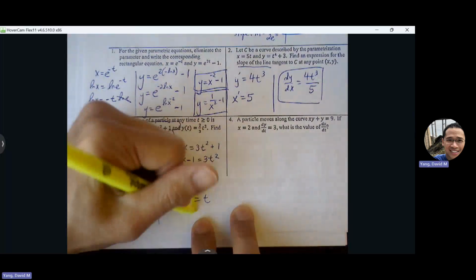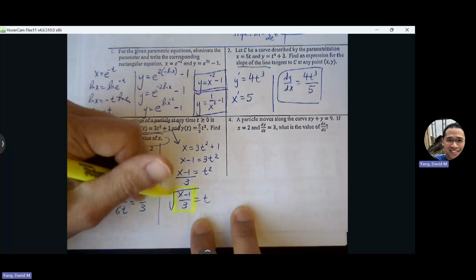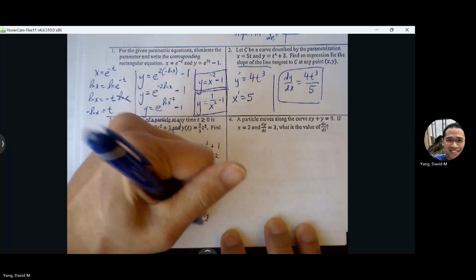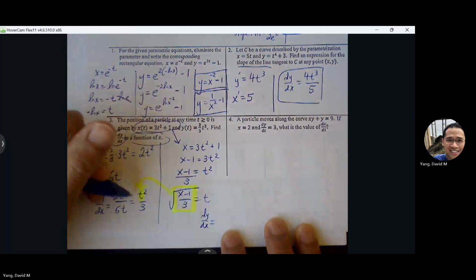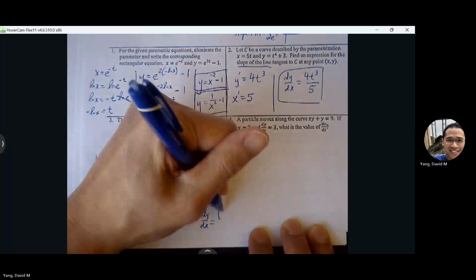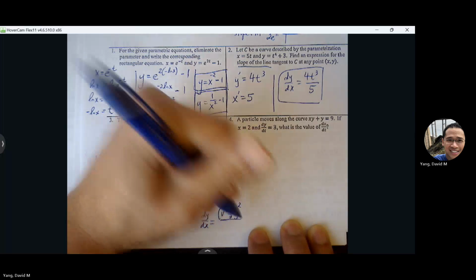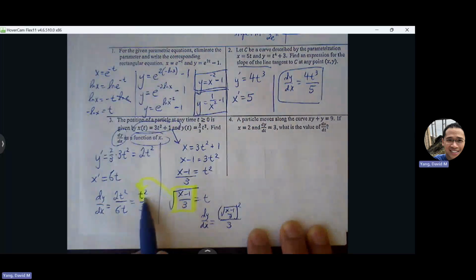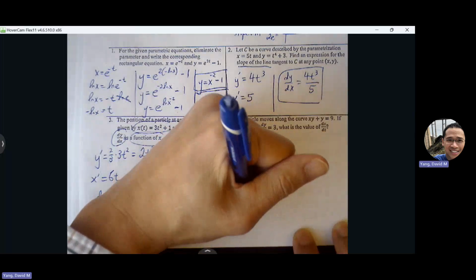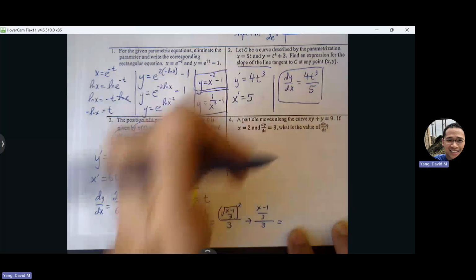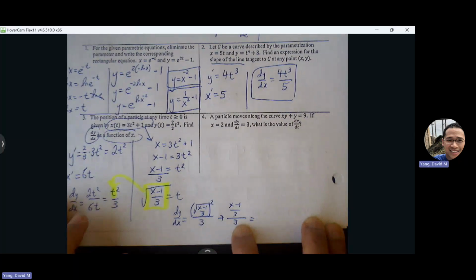And now I can replace this in for that. The square root and the square will cancel out nicely. So I'll be left with x minus 1 over 3, all divided by 3. Dividing by 3 is the same thing as multiplying by 1/3.